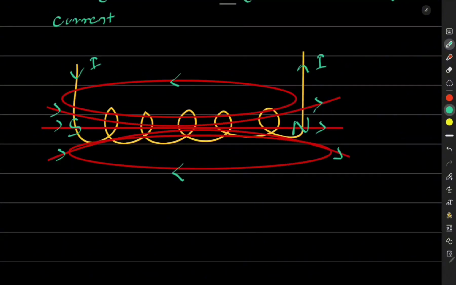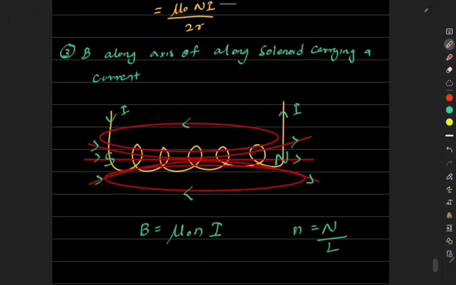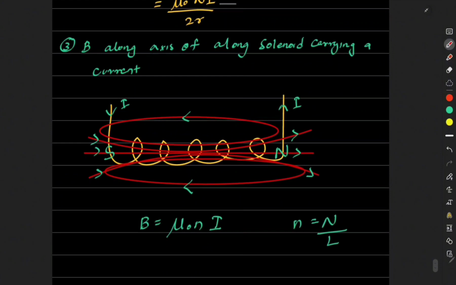Using Biot-Savart's law, it can be proved that the magnetic flux density along the axis can be given as B equal to mu naught n I. This n can be represented as number of turns N divided by length of the solenoid.